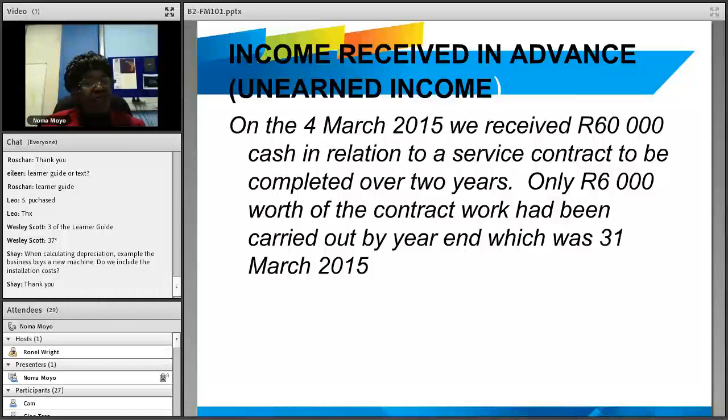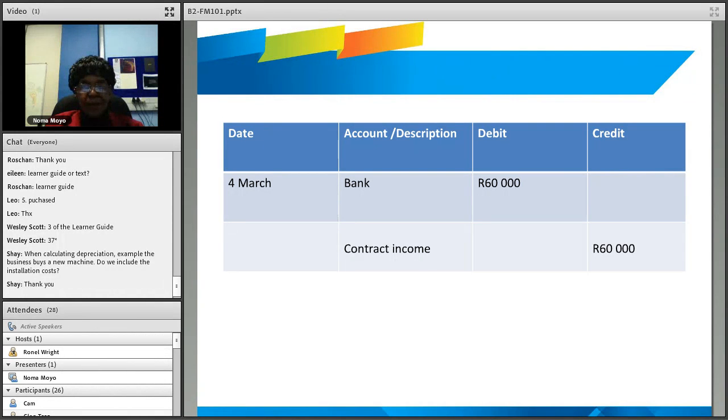So we are supposed to have earned only 6,000, which means the balance has been income received in advance. So when we received it, we have received the 60,000, but we haven't earned it yet. We haven't worked for it.